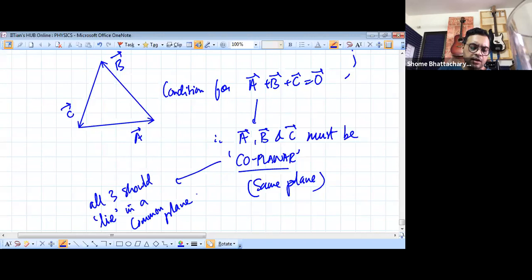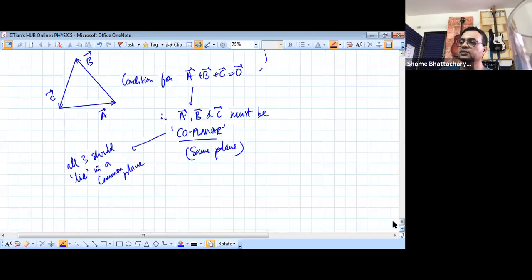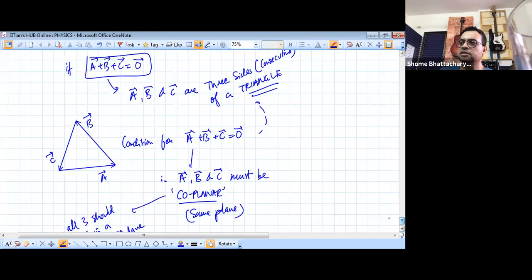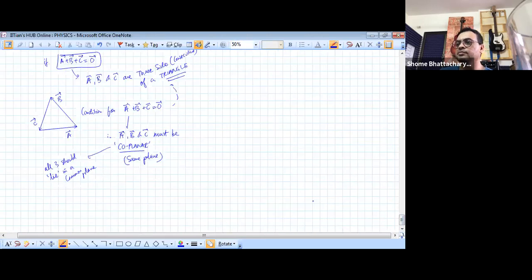And also, the resultant of A, B, and C will not lie in the plane of A and B. So you can just understand this geometrically how I explained here. Now another way to understand this question is by thinking of components, that is Cartesian system.